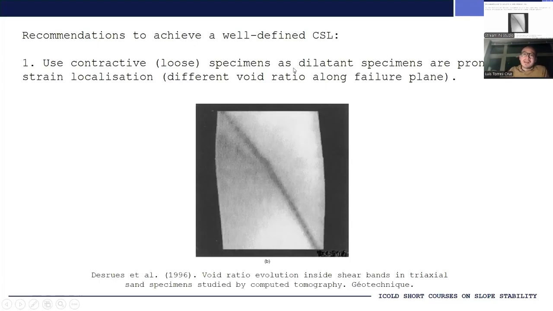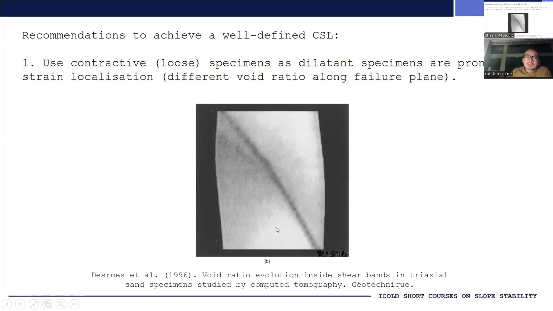That is correct. However, dilatant specimens are prone to strain localization, meaning that the void ratio along the failure plane, as we can see from this computed tomography image, will be different than the void ratio in the remainder of the specimen.